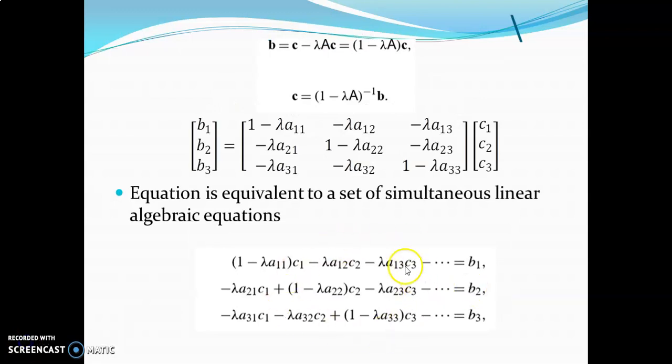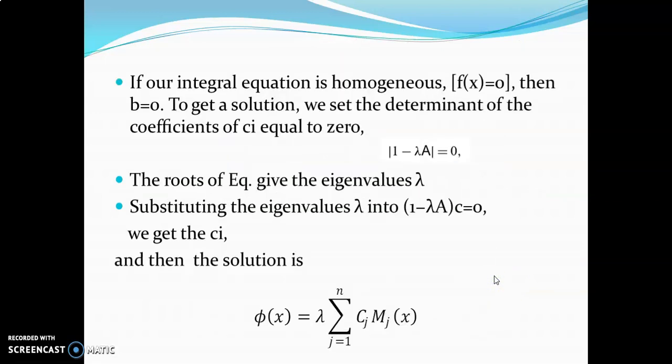So in the set of linear algebraic equations, we have zeros on the right side. So we have a set of homogeneous linear algebraic equations. So in order to get the solution, we set the determinant of the coefficients of Ci equal to 0. That means determinant of I minus lambda A is equal to 0.